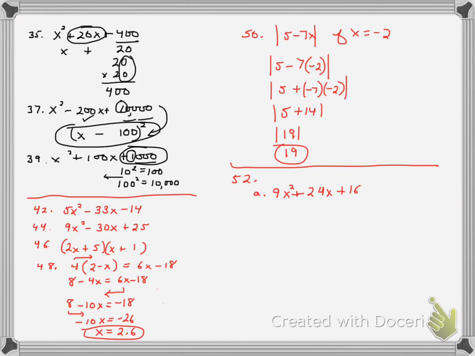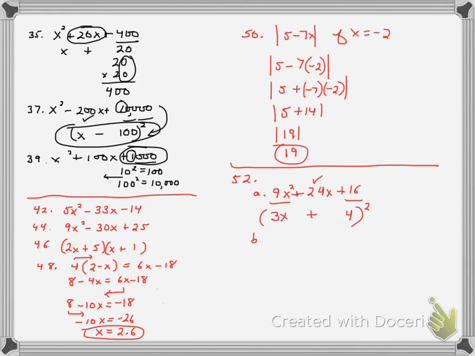Well, 9x squared could be factored to 3x times 3x, right? So that would be the first term, square root. The last one would be 4. If I multiplied it together, I'd get 12x, same idea. Doubled it, I get 24x. So yes, that factors to that, just like that.